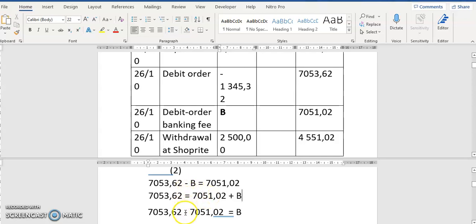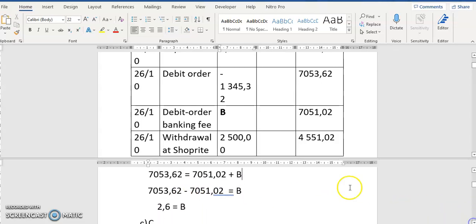So when it comes, it will become minus. From here, you press on your calculator and you are going to get 2,6. I hope nobody is having a problem pressing. These are basics. You must get it from grade 8, grade 9, not grade 10. So I'm not going to press this on the calculator for you today. This is very basic.